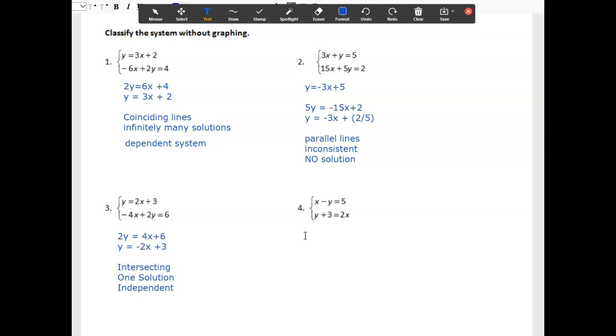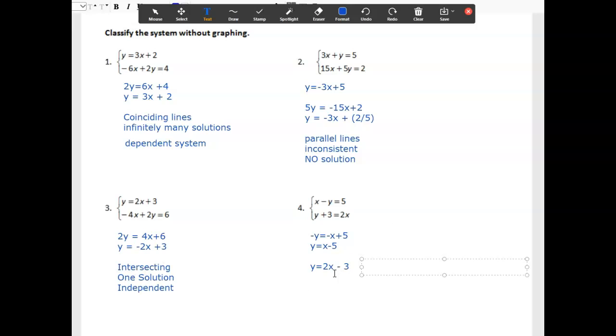And then example number 4, we have to add over our y. Divide by -1. And then in example 4, part 2, we just have to subtract 3x. Or just 3 rather. So once again, I can see I have y equals x minus 5 and y equals 2x minus 3.